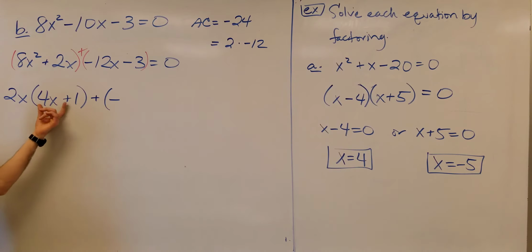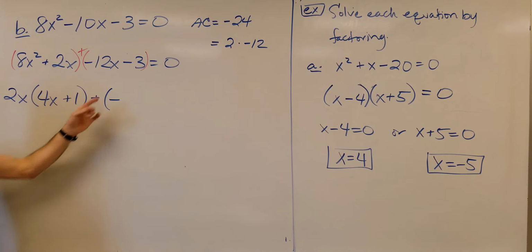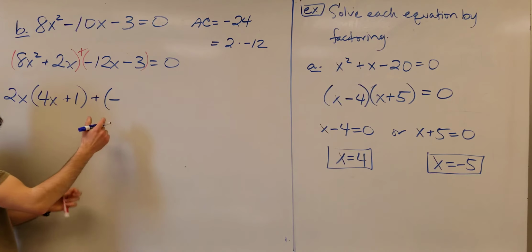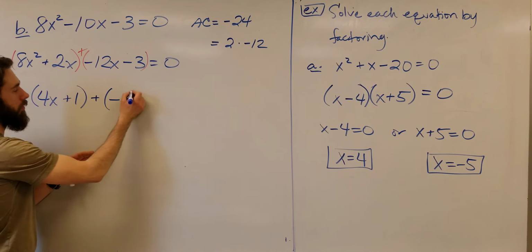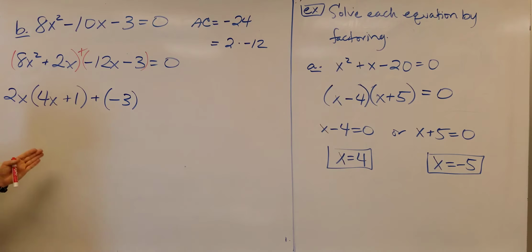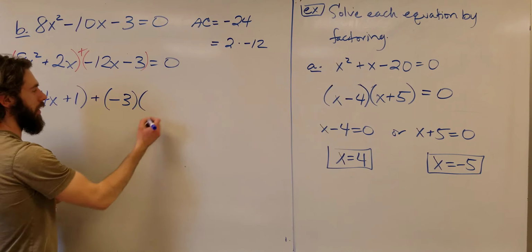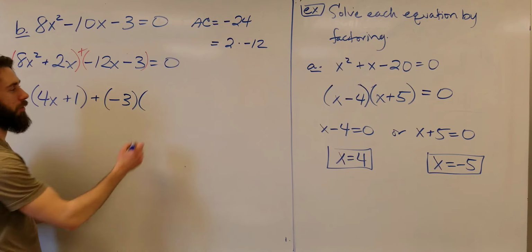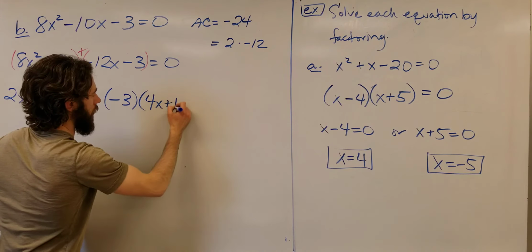And then I want to match 4x plus 1. I could do that by getting a 3 out. So we'll take negative 3 out to take the negative sign, and then we leave 4x plus 1.